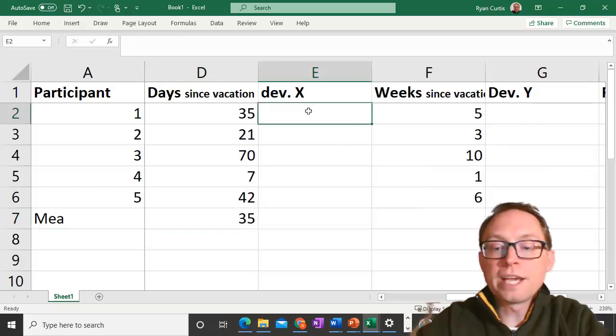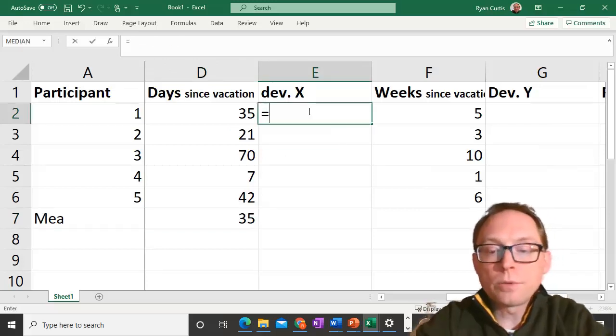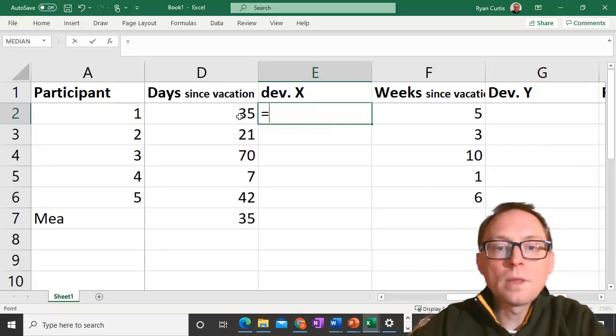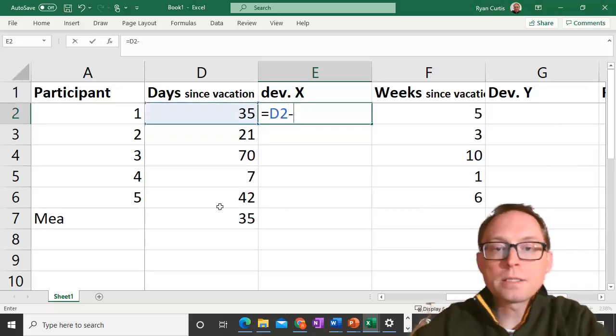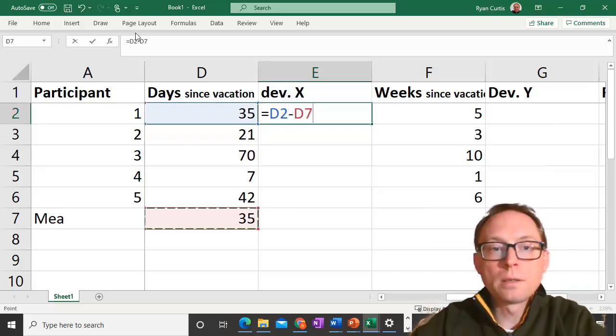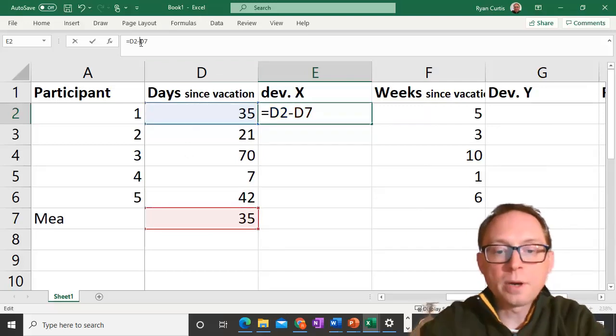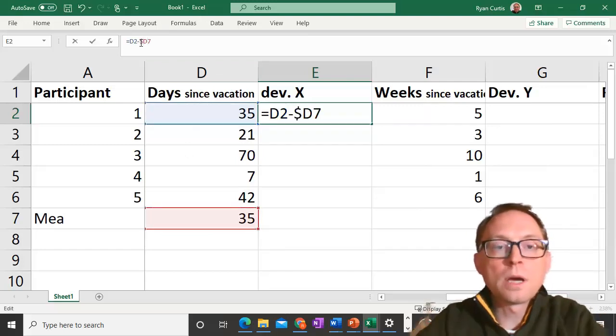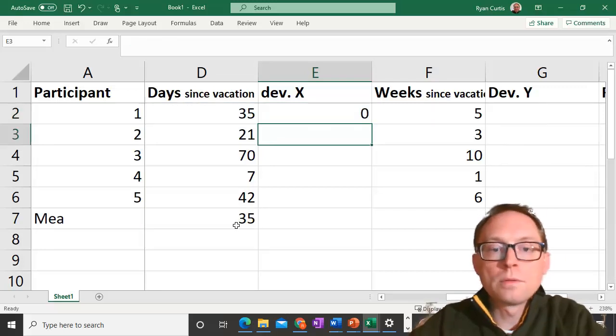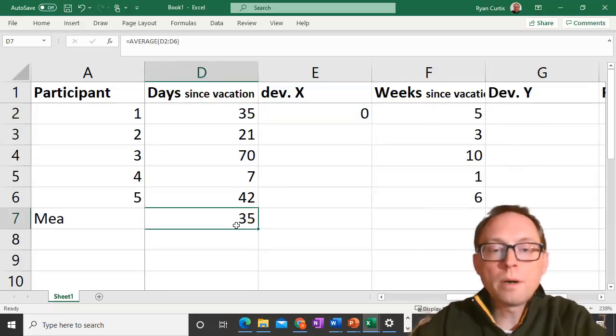And then we need the deviation for each of those. So this is going to equal x minus x bar. Now I'm going to put some dollar signs in there so it doesn't move around on me. The mean number of days since vacation was 35.